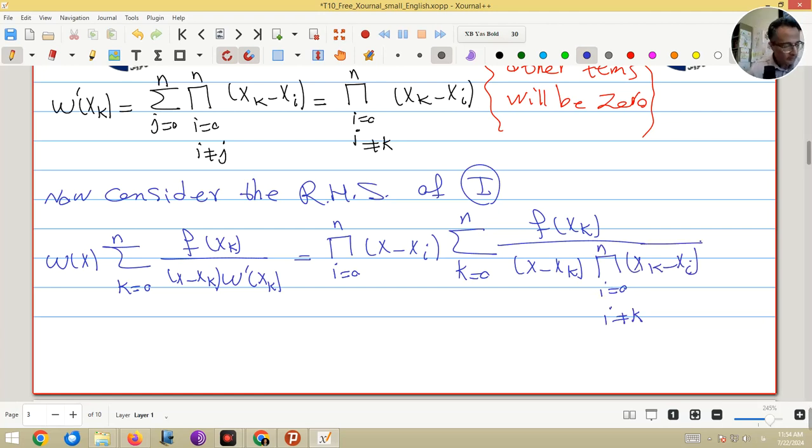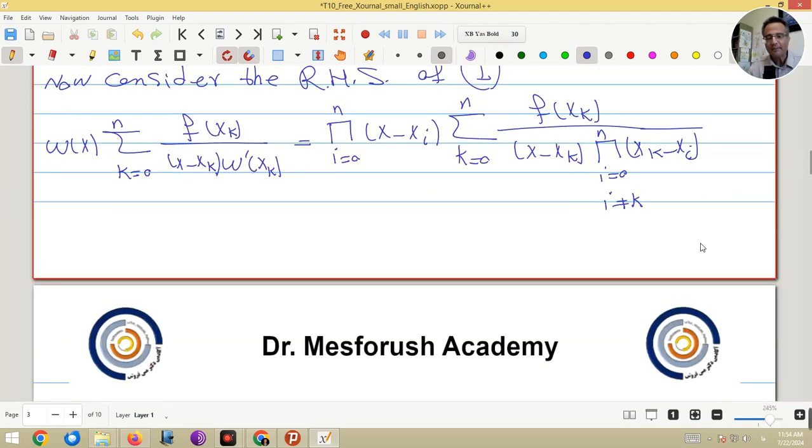Right? Something like this. Now, if you look at this term outside of the sigma, there is no k here, so I can move this product inside the sigma.